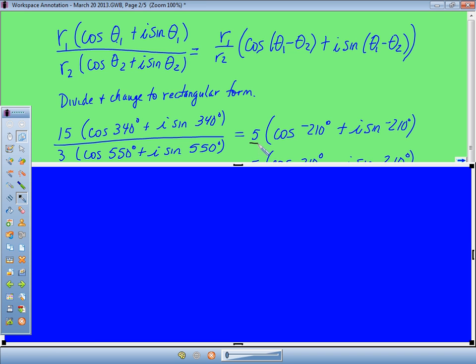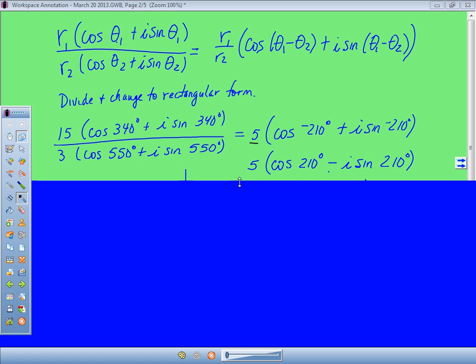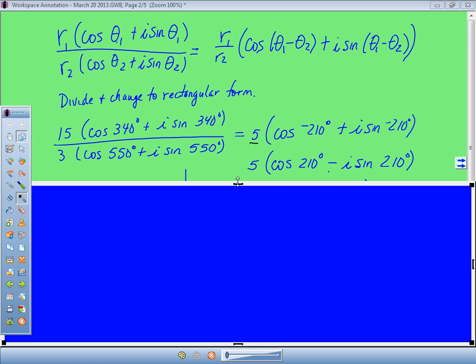On sine, we know we need to pull the negative out front, which in our case is in front of the I. So that's what I did on this next step: I simply dropped the negative on the cosine of 210, pulled the negative out in front, so it's now minus I sine 210. If they want your answer in polar form, that's where you would be done.